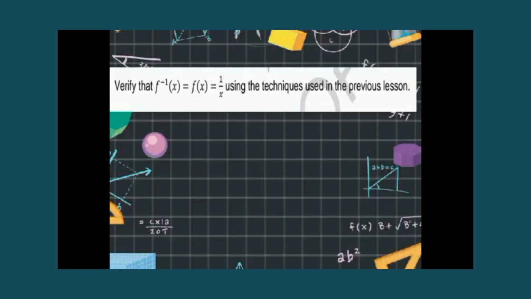Verify that f to the power of -1 of x equals f of x equals 1 over x using the techniques used in the previous lesson.